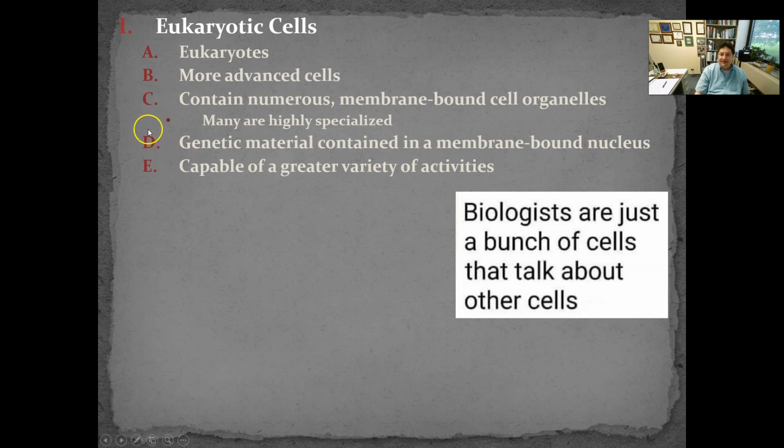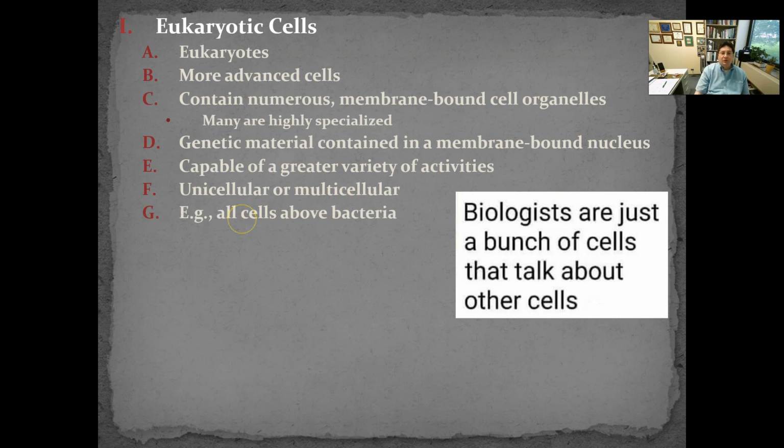Because of C and D, eukaryotes are capable of a greater variety of activities. They can also be single-celled, which we call unicellular, or eukaryotes can be composed of many cells, which we call multicellular.